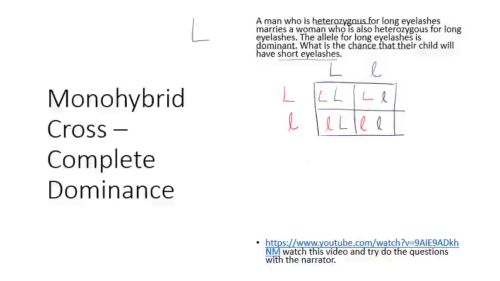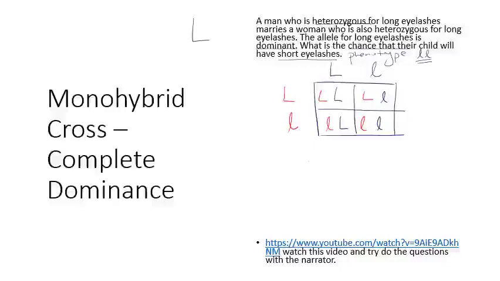What we end up finding out is that we get a 3:1 ratio for our phenotype. Remember, our phenotype is what we're looking for. We're looking for short lashes, and short lashes would only be that homozygous recessive, because the capital L masks all of the short lashes in these cases, so 3 kids out of this one will have long lashes.